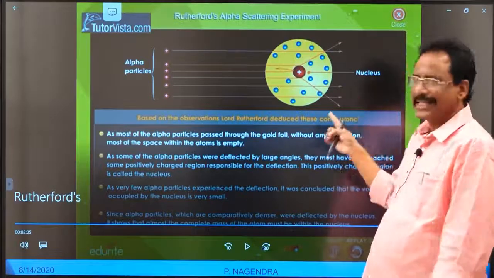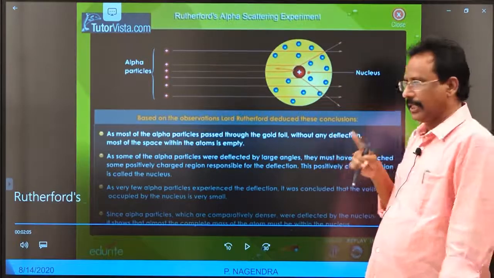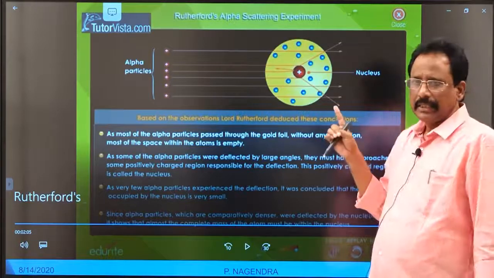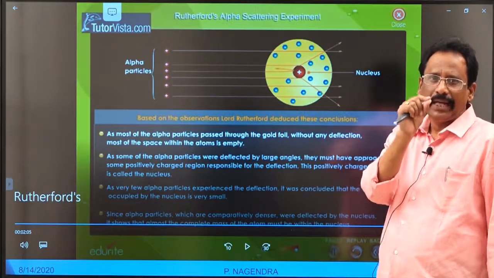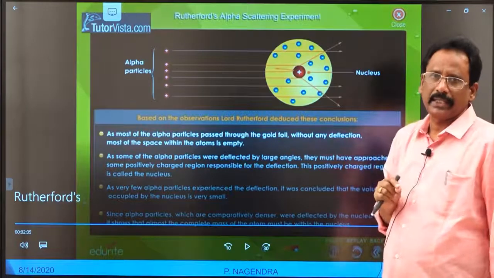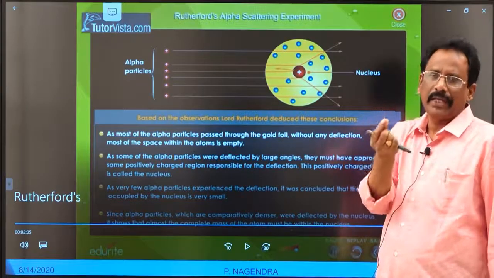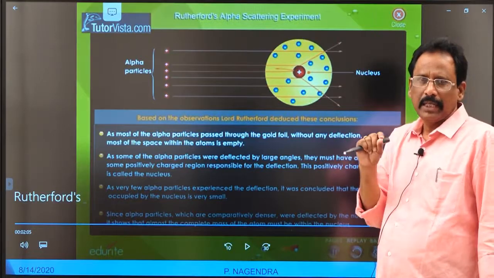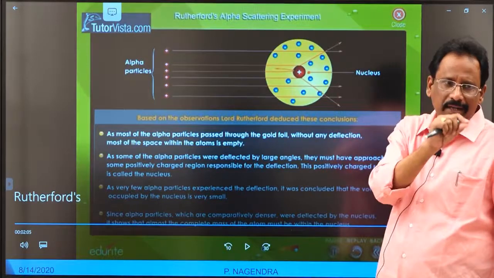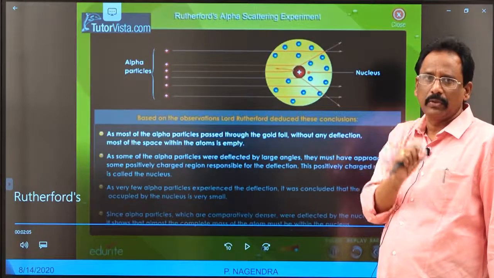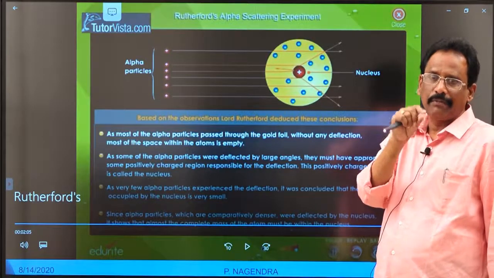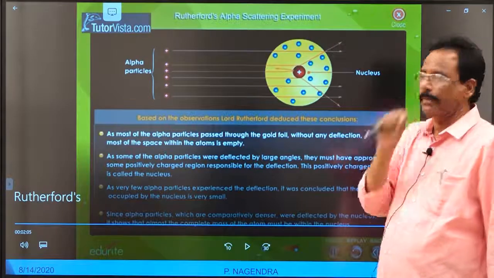So the nucleus has a positive charge. Remember that. The main result of this experiment is that each and every atom has a nucleus. Not only the gold atom, you take any other atom in this experiment, each and every atom has a nucleus. That is the main observation and conclusion according to Rutherford's alpha particle scattering experiment.